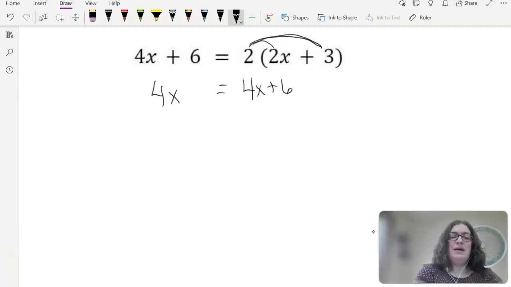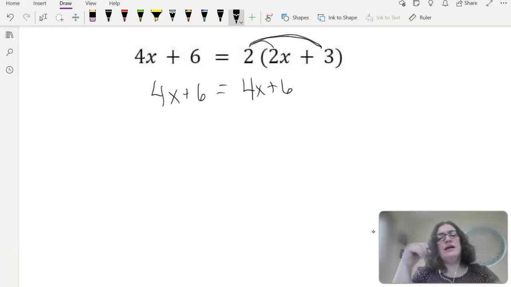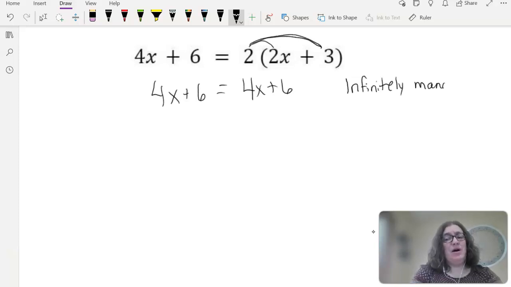And so I end up getting an equation that says 4x plus 6 equals 4x plus 6. Guys, I can stop right here and say that this is an infinitely many solution. And the reason that I know that is because it looks exactly the same on each side of the equation.